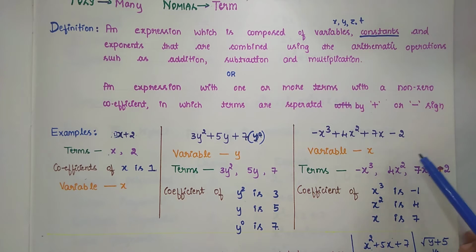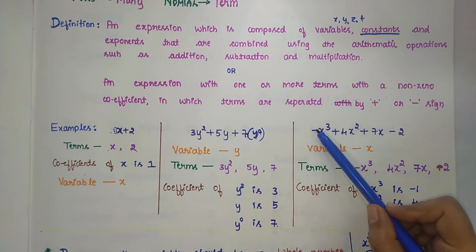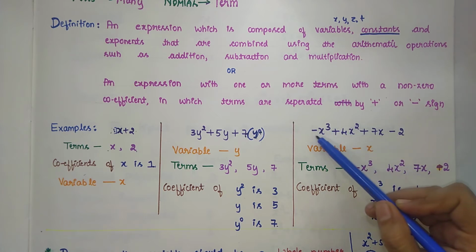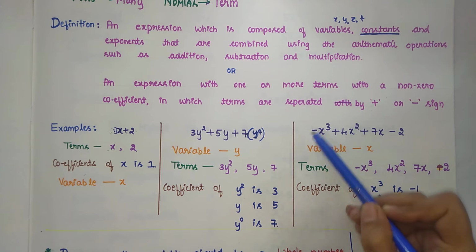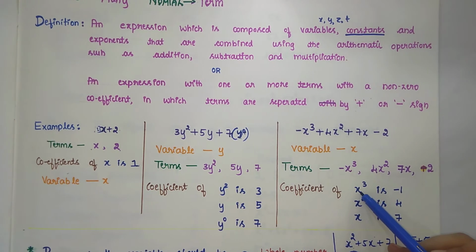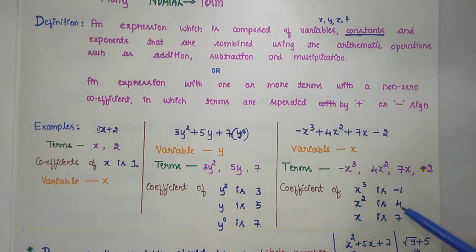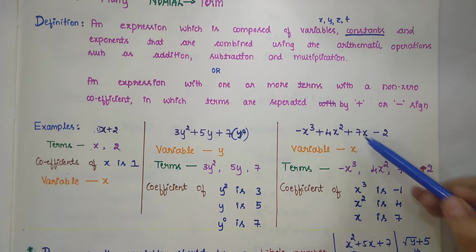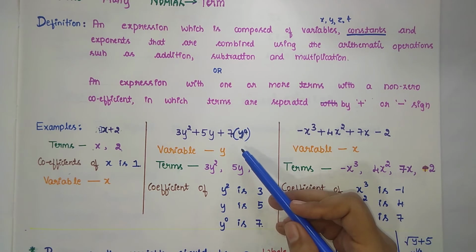So there are 4 terms, and the coefficient of x cube is minus 1, because we have only minus x cube. It is nothing but this x cube is multiplied with minus 1. So the coefficient of x cube is minus 1. Coefficient of x square is 4. Coefficient of x is 7. Similarly, you can take minus 2 as the coefficient of x power 0 as we did in the last example.